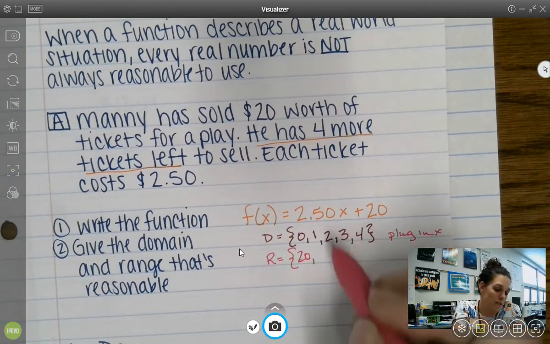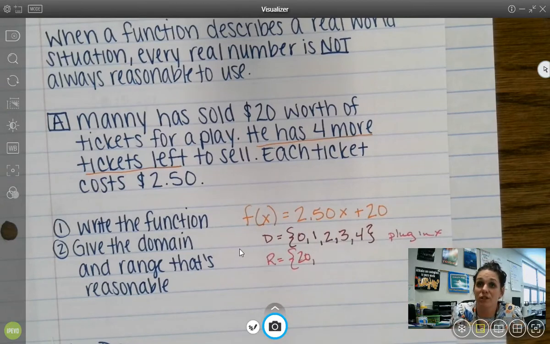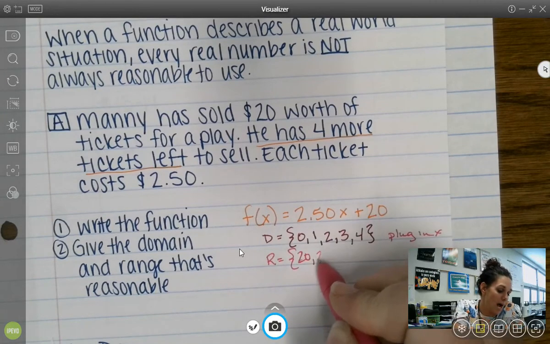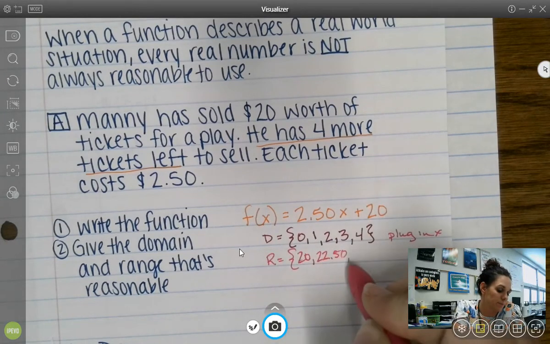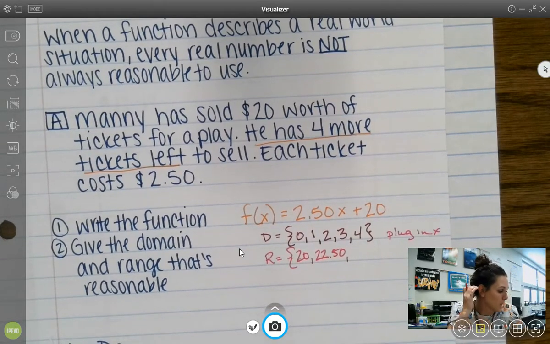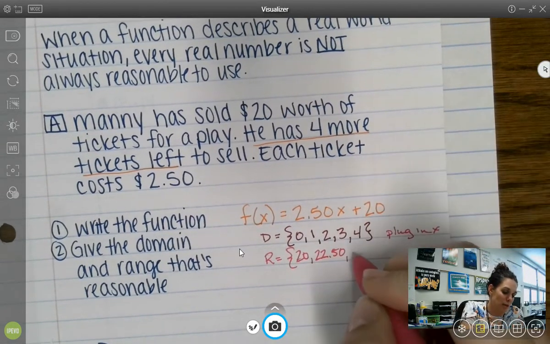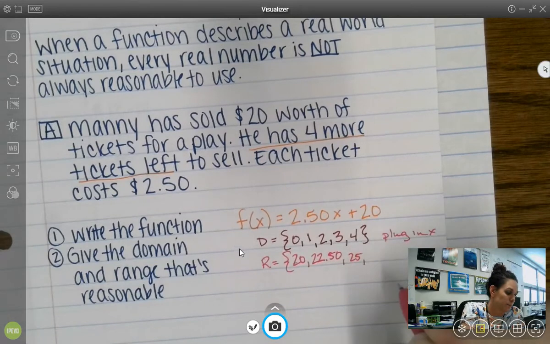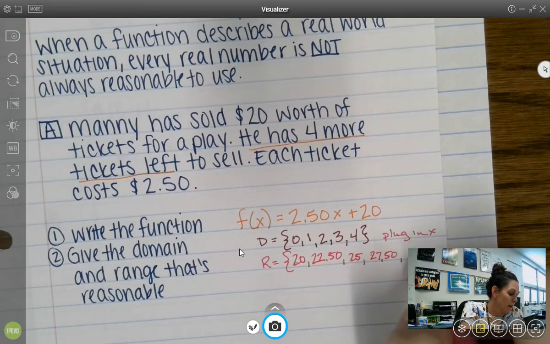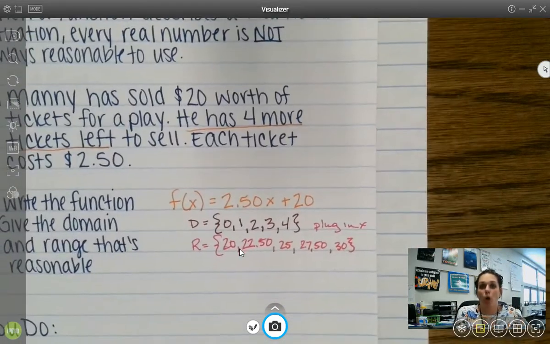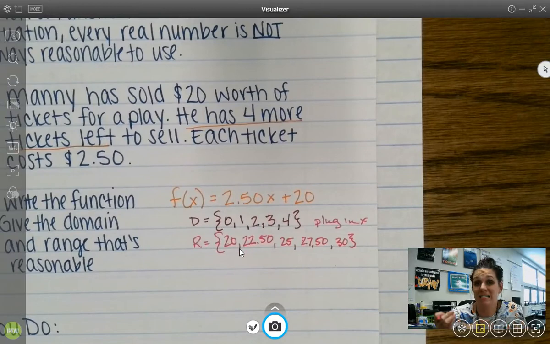If I sell one ticket, 1 times 2.50 is 2.50 plus the $20, I'm now at $22.50. I then plug in the 2, and I get $25. I have $27.50, and I have $30. My range will always be the result of the domains plugging in. And now I've answered all components of this question.